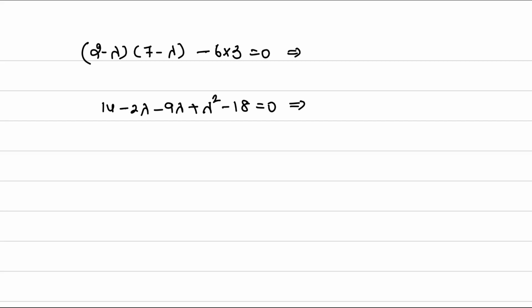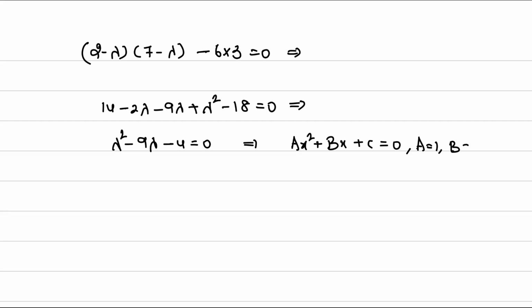That implies lambda square minus 9 lambda minus 4 is equal to 0. That is in the form ax square plus bx plus c is equal to 0. Here what is the value of a? a is equal to 1. What is the value of b? Minus 9. What is the value of c? Minus 4.